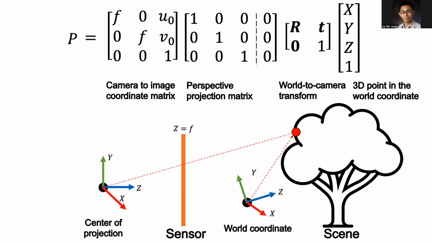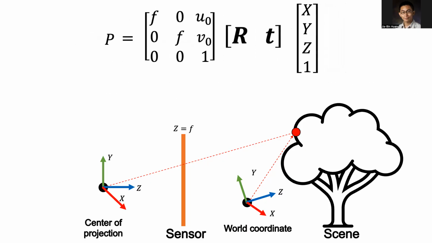Okay, so this is the whole pipeline from a 3D point in the world coordinate system, and we express them in the camera coordinate system, and then project it onto the image and scale it and shift it. Okay, sounds a little bit complex, but you can actually simplify this into this, right?